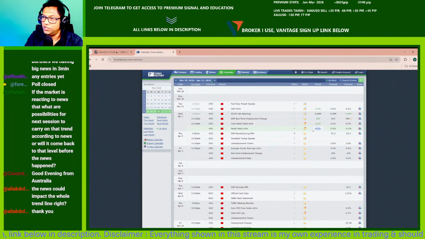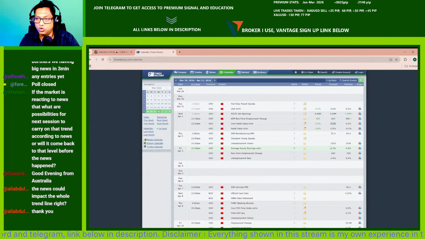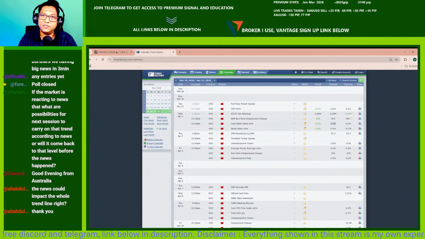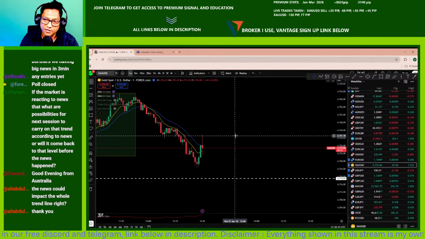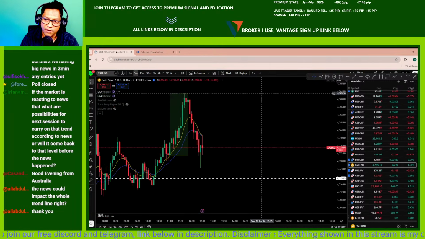Okay, so you see that core retail sales is 0.5%. The forecast was 0.3%. So 3 of them have come out significantly higher. So now the market is finally trying to create a directional bias.